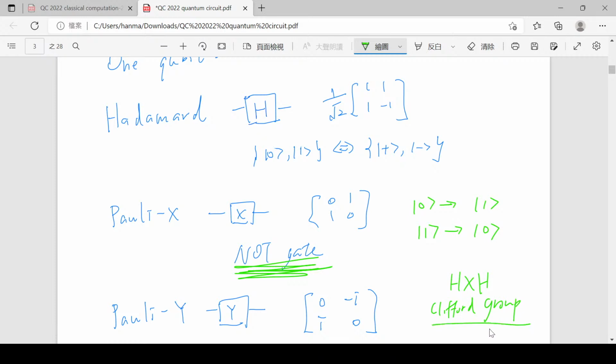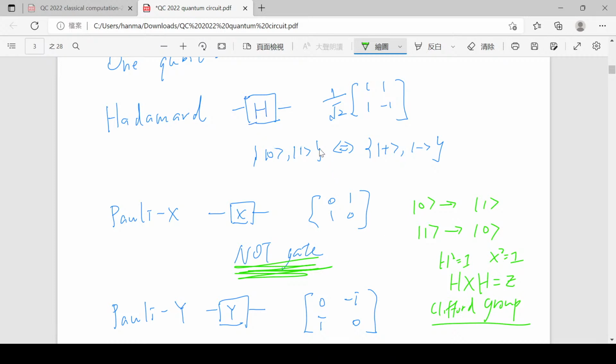That means if you just combine Hadamard and X, then it will basically only turn into Hadamard and Pauli. So let's say Hadamard X Hadamard, and that's only equal to Z, right? And you know Hadamard squared equals identity, and X squared equals identity.